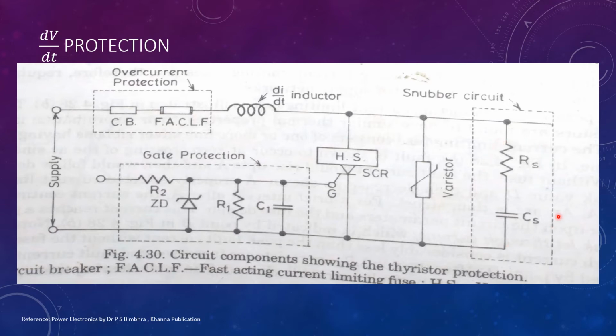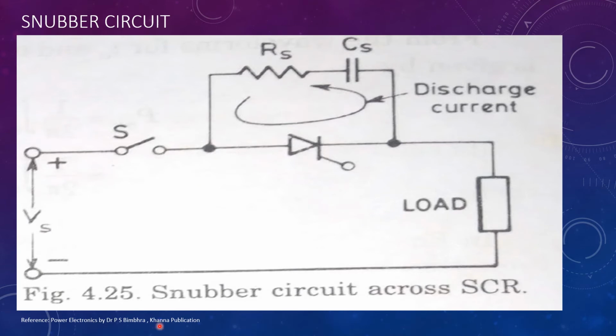Because of this RC network, the rate of charge of the capacitor rises slowly, and hence the voltage across the SCR rises slowly and is limited into the required dV by dt. To protect an SCR from dV by dt, a snubber circuit, that is, a resistance in series with the capacitance, is connected in parallel across the SCR.